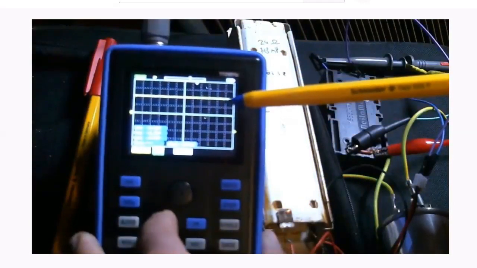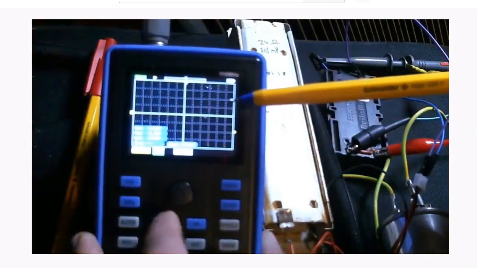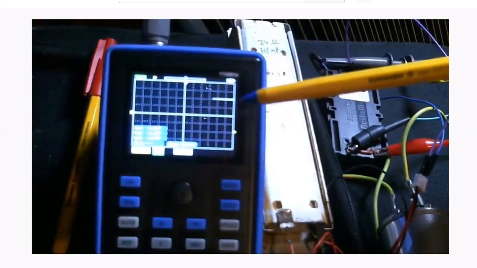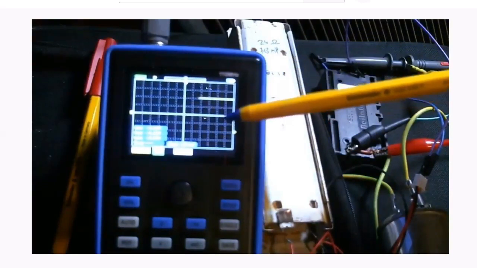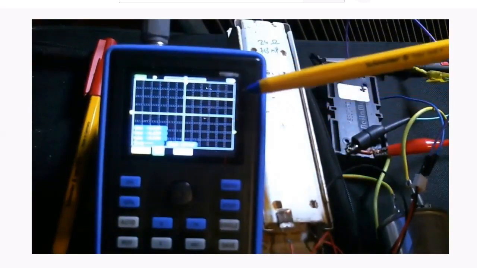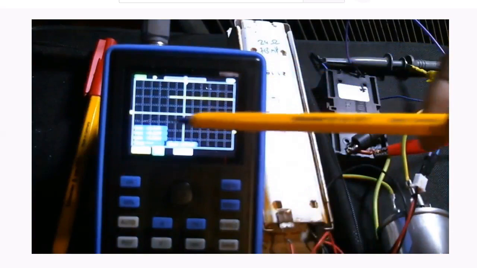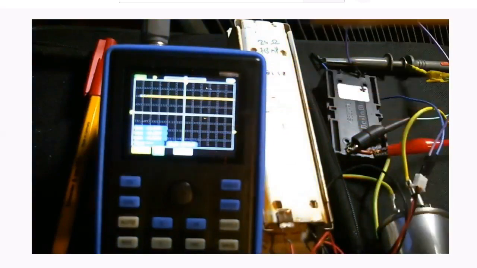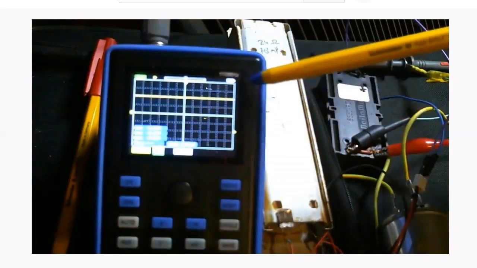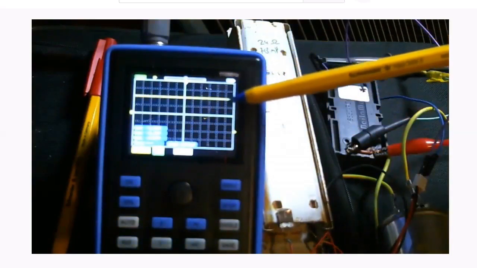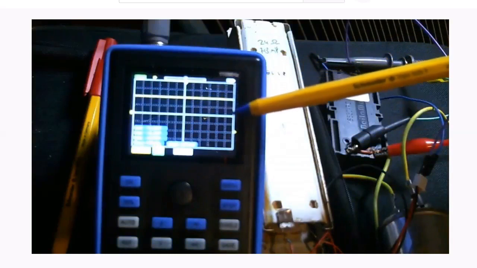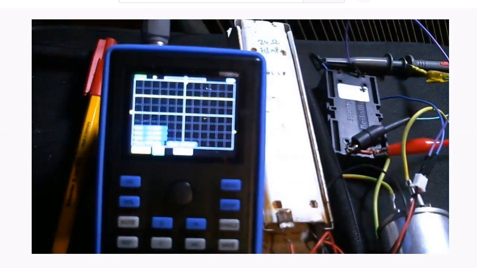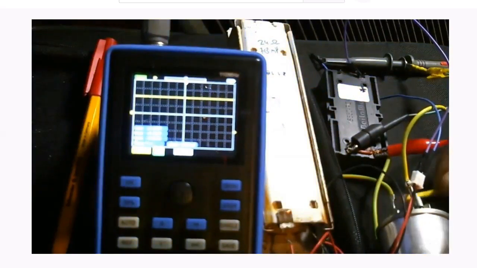I change the scale to something about 1 or 2 seconds on the oscilloscope timeline. Now it is showing the level of battery voltage, some about 3.5 volts.